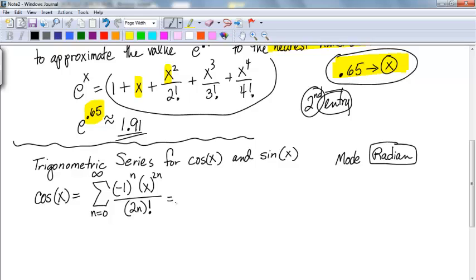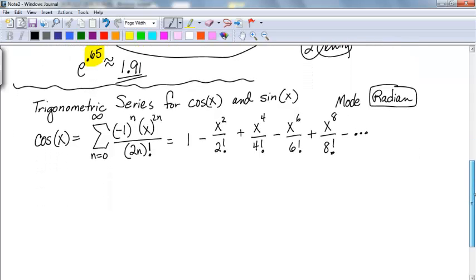If we expand that out and simplify it, the series is 1 minus x squared over 2 factorial plus x to the 4th over 4 factorial minus x to the 6th over 6 factorial plus x to the 8th over 8 factorial, and then minus, dot, dot, dot. Notice the author's going 5 terms on all these formulas. That's what we'll use for doing cosine.